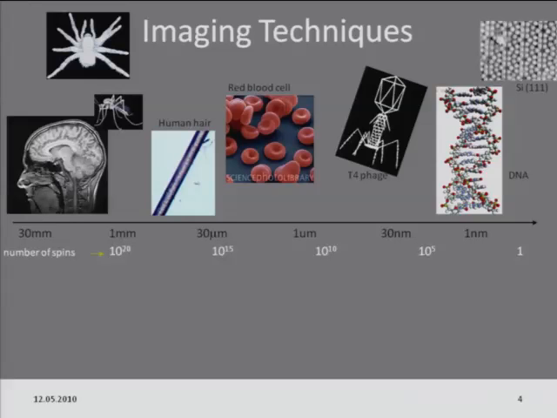To put this hope for an imaging technique in context, we should think about common objects and their size scales and the relative numbers of proton spins that comprise them.